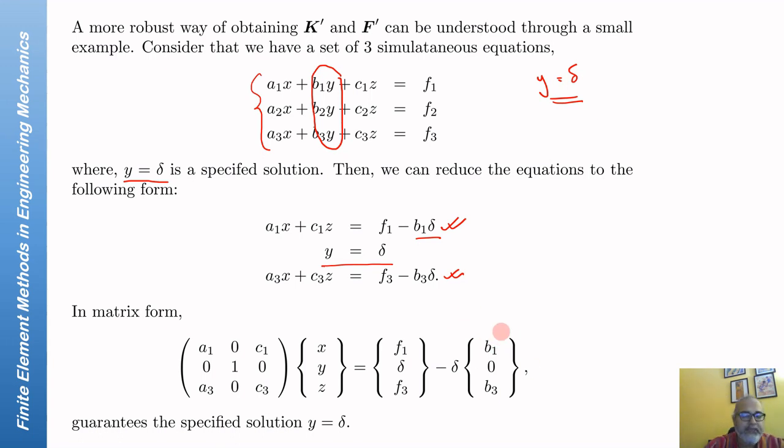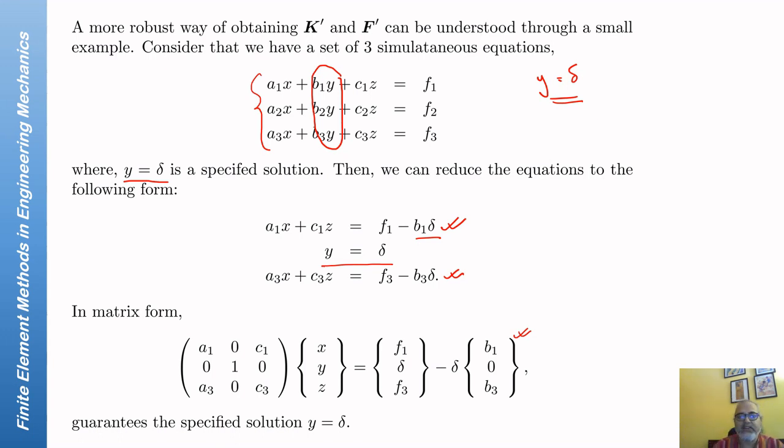So in a finite element system, if you solve this equation, then y would come out to be exactly delta, always. We have managed to change the system in such a way that the y equal to delta solution is always obtained, and then the others are solved according to that.